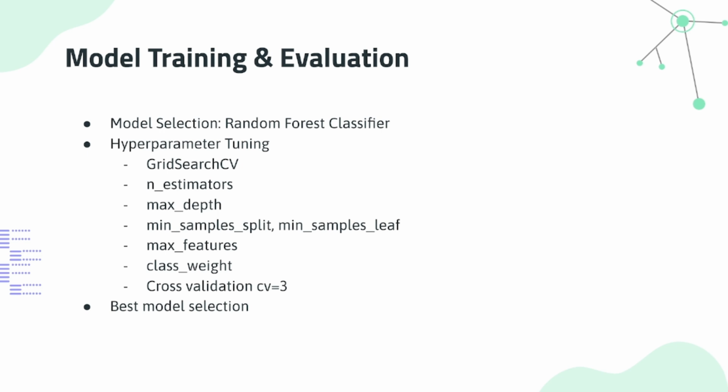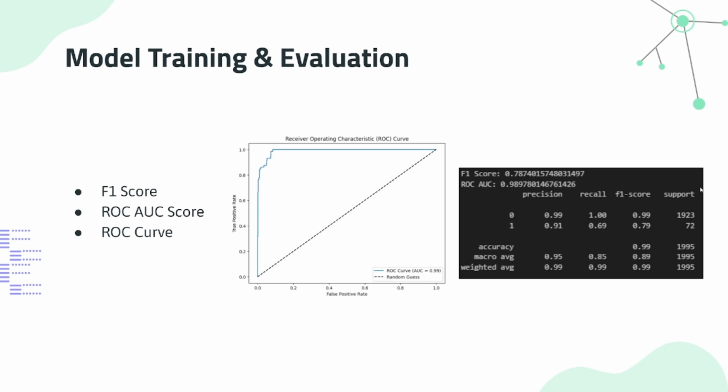The best performing model was identified using grid search CV, and this model was evaluated using several performance metrics. These performance metrics are the F1 score, the ROC AUC score, and the ROC curve. Our model achieved an F1 score of 0.787, which indicates a strong balance between precision and recall.